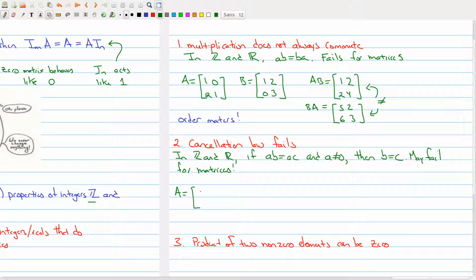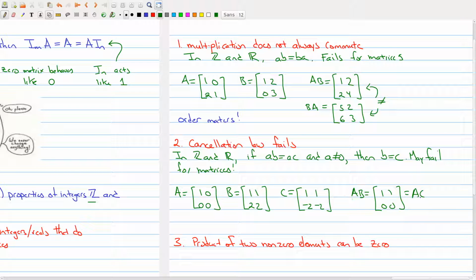I'll take my matrix A to be 1, 0, 0, 0. I'll take my matrix B to be 1, 1, 2, 2. I'll take my matrix C to be 1, 1, negative 2, negative 2. But then I have that AB is equal to 1, 1, 0, 0, which is equal to AC.